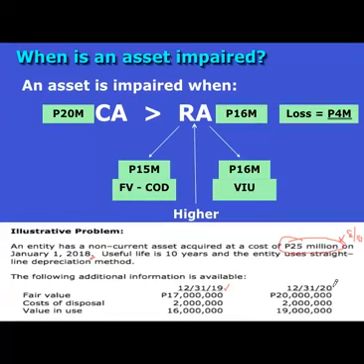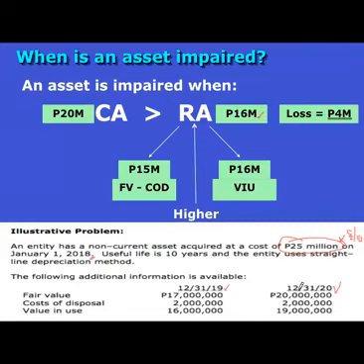Now, December 31, 2020. So here we go. 16 million, let us divide that by 8, since there is no change in the remaining life. So 16 million divided by 8, the depreciation for 2020 is 2 million.